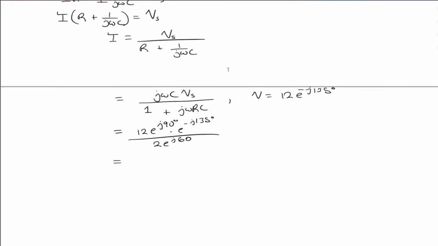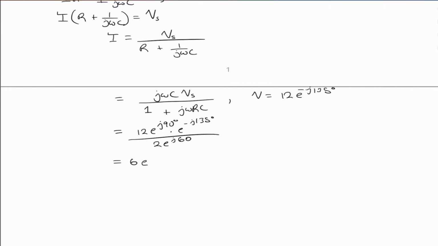So 12 divided by 2 is 6. And if we add 90 plus a minus 135 and then subtract 60 from that, that would be negative 45 minus 60. So that would be negative 105.